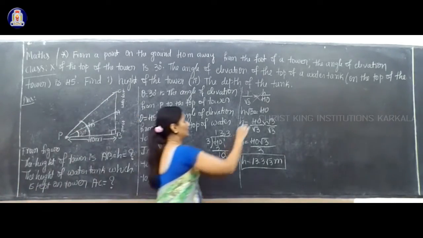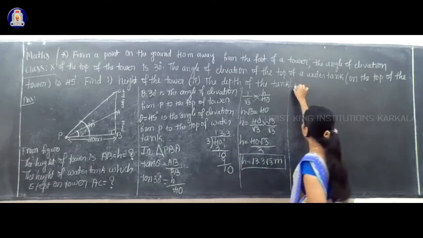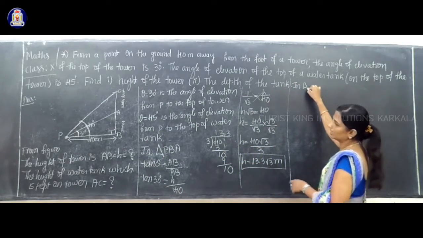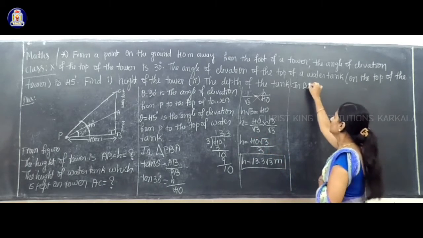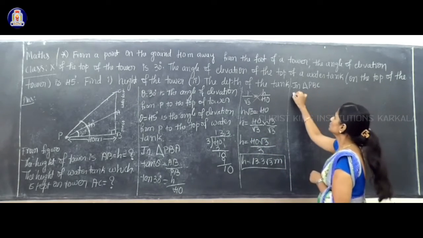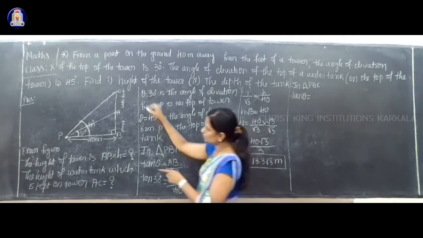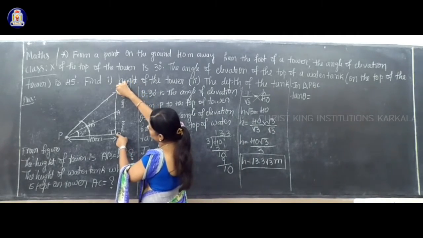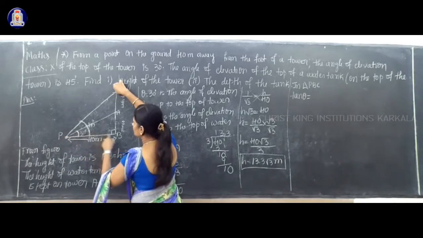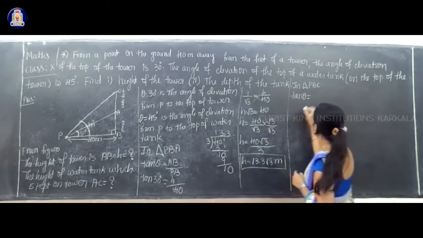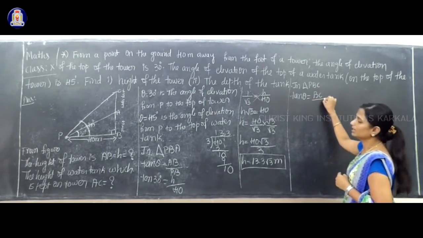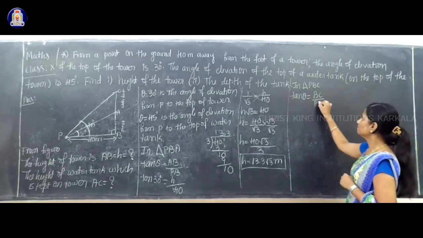In the right angle triangle PBC, use tan. Tan theta is equal to opposite side over adjacent side. The opposite side is CB, the adjacent side is PB, so it is BC divided by PB.